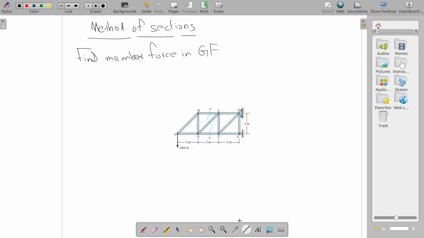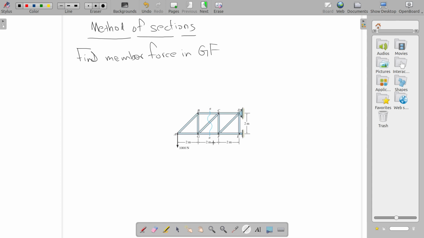So here, if we cut it here, why are we cutting it here? Because we want to find member force in GF. So we cut in such a way that the cut passes through GF and passes through a minimum number of members. When you cut, don't cut through the joints. Cutting through the joints will make it very complicated, and it's not suitable for a solution.